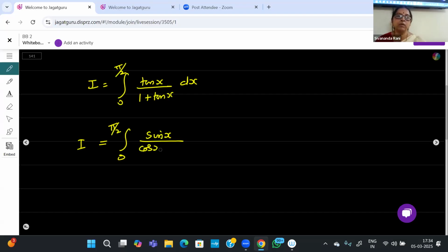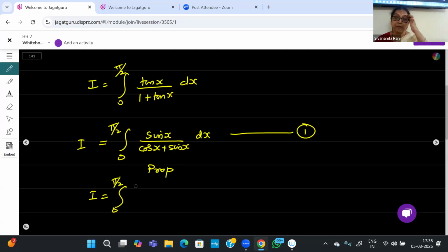Okay. And also it will be better if you express everything in terms of sine and cos. Of course you can do as such, but it will be easier if you express in terms of sine and cos. Apply the property now. The property allows you to write x as pi by 2 minus x. So this becomes cos x, this becomes sine x and this becomes cos x.